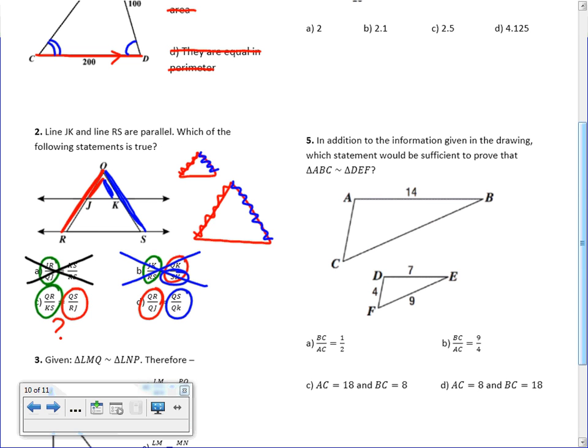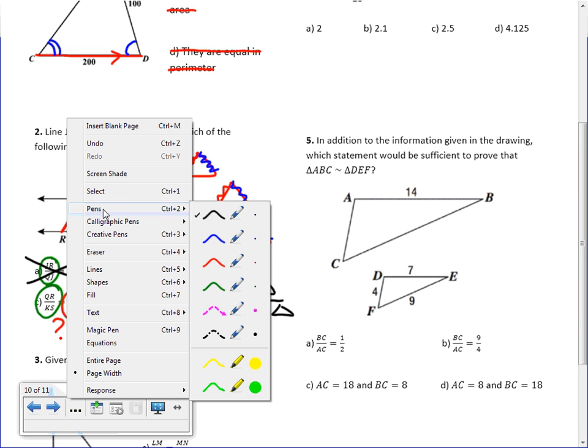I like it. That's exactly what we've talked about. And it's in the correct order where the top part of the fraction comes from the bigger triangle and the bottom comes from the smaller triangle. And that works. So this is the answer that I want.